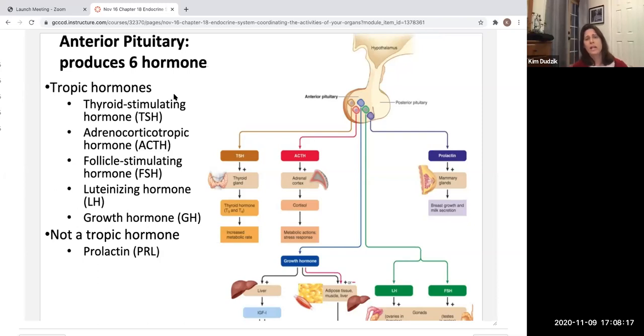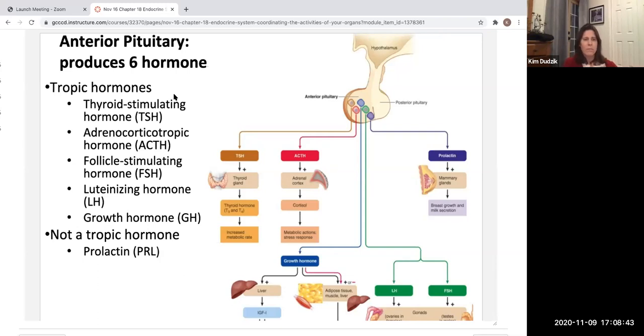So the target endocrine gland doesn't know to release the hormone unless it gets the stimulation from the anterior pituitary. Well, the anterior pituitary also gets its orders from the hypothalamus. So the anterior pituitary will not release these hormones unless it gets a signal from the hypothalamus, and that signal is going to be a little bit different. So I need to explain that to you.